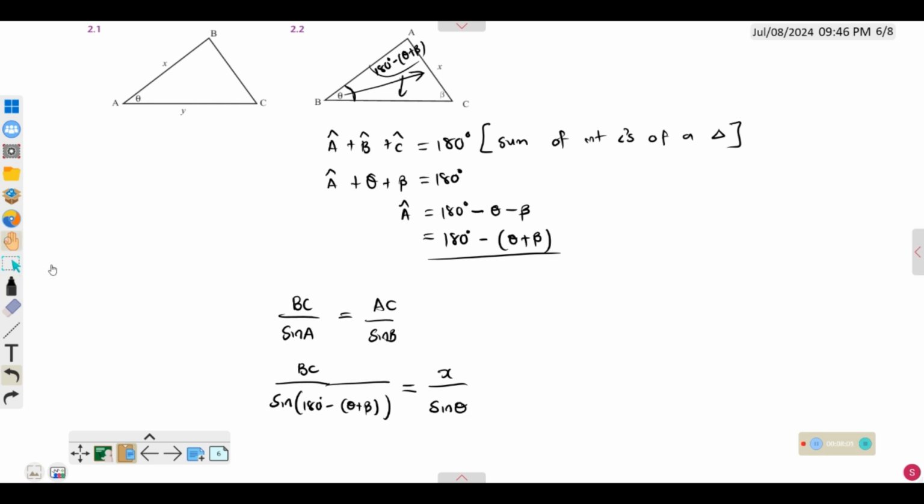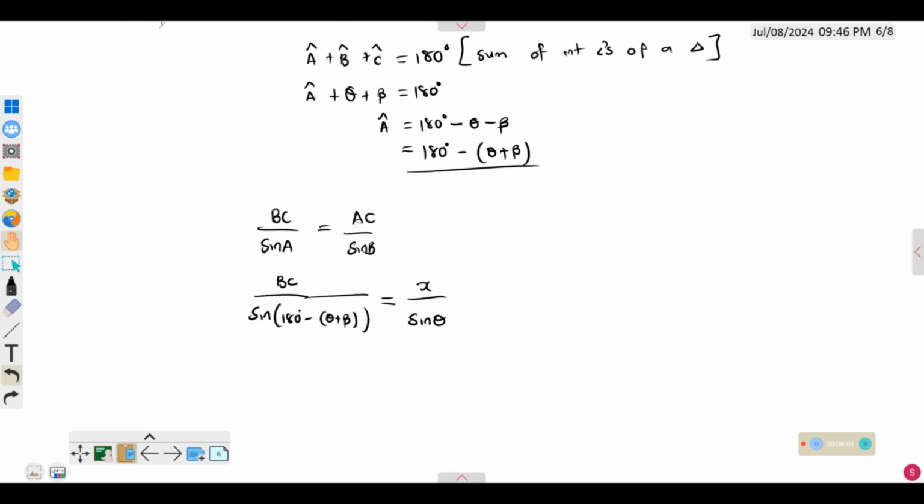Then remember, we are trying to find BC. But if you remember well, the reduction formula tells you that sine of 180 degrees minus theta is equal to sine theta. This is the second quadrant, where sine is positive. So here we have BC divided by, our angle is that one, so treat this as one single angle. It's going to be sine of that angle, which is theta plus beta, which gives us x over sine theta.